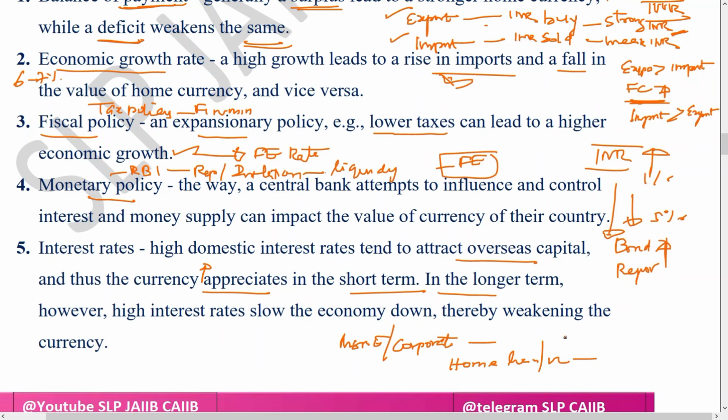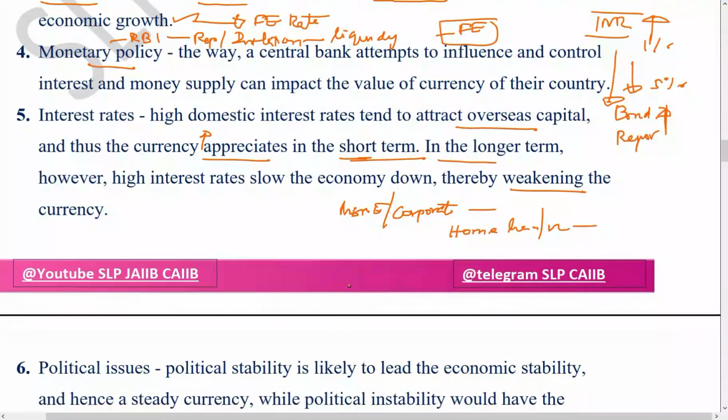The middle class will also avoid taking loans, so it will affect our economy, the economy will slow down, and your currency will be weakened. If the economy is getting slow, the Indian currency also gets weakened. So increasing the interest rate only strengthens your currency for the short term, but in the long term it is weakening your currency.